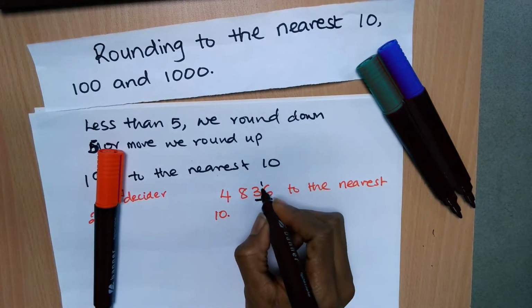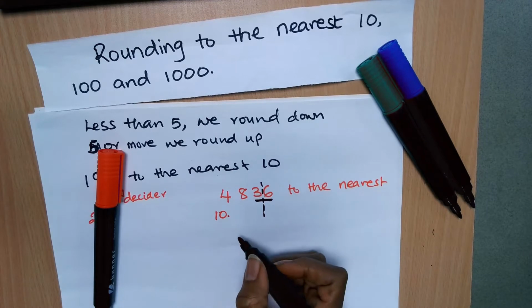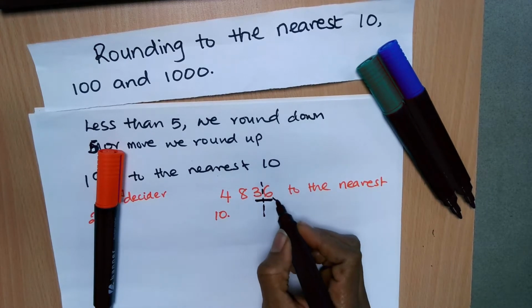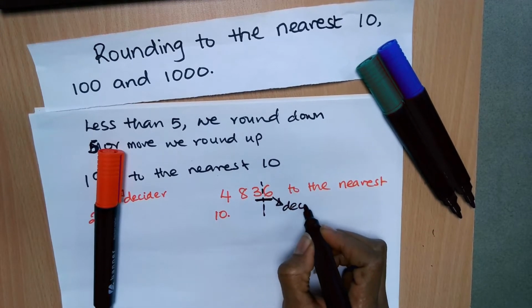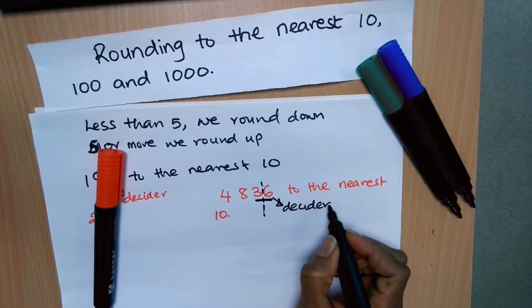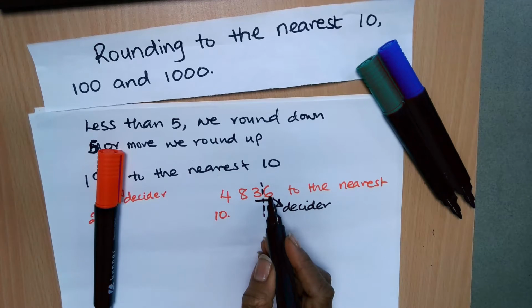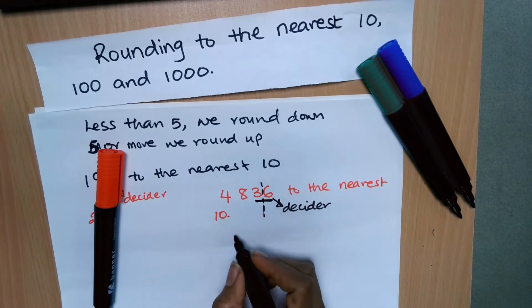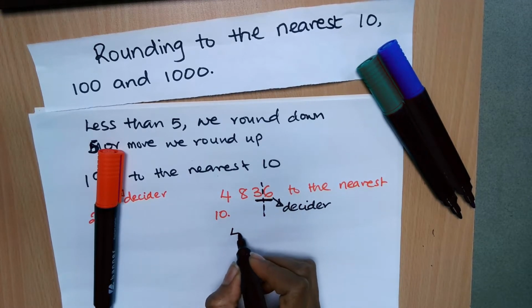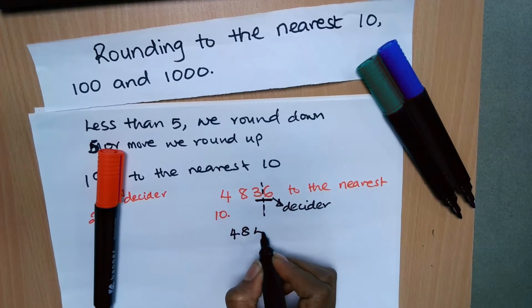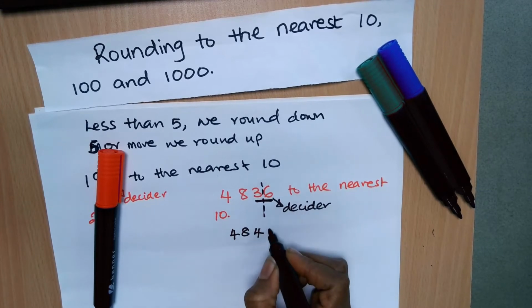So we put a dotted line in between 3 and 6. Now the 6 is our decider, so the 6 decides what to do with the 3. It is more than 5, so we round up. And if we're rounding up, we put 4, 8, 4, and this one becomes 0.